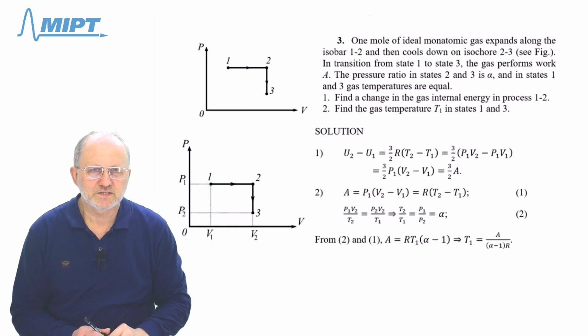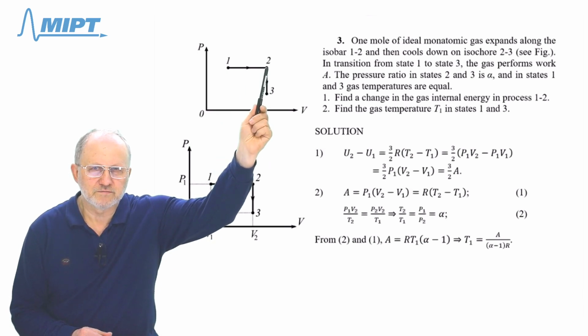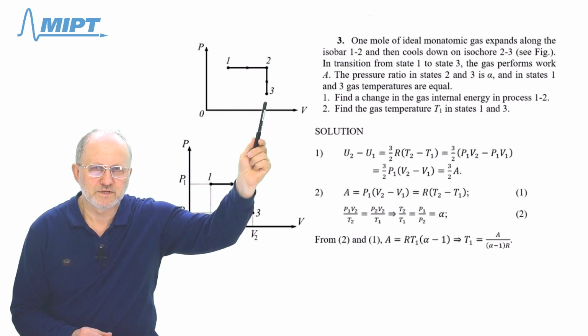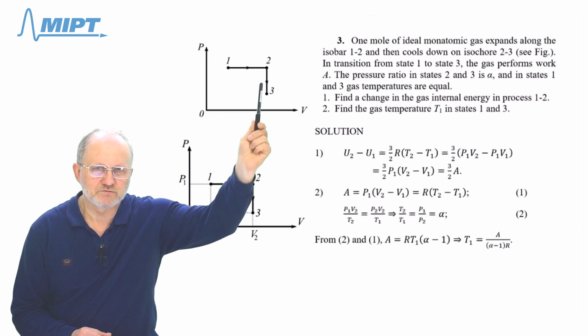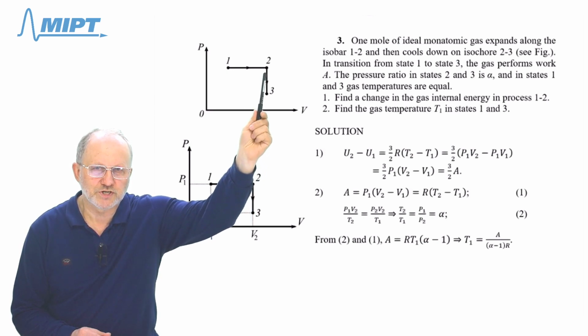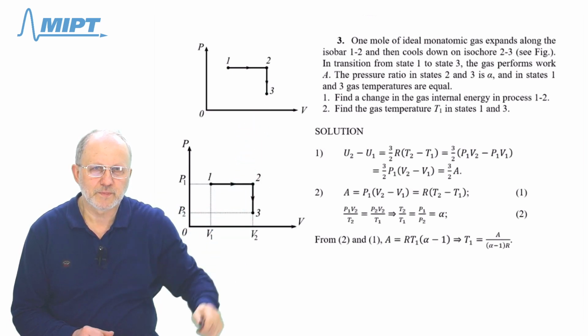And then the gas cools down on isochor 2, 3. Along this process, the volume of the gas remains constant, and the temperature is decreased, and hence the pressure is decreased from point 2 to point 3.